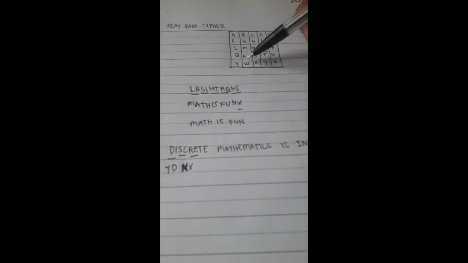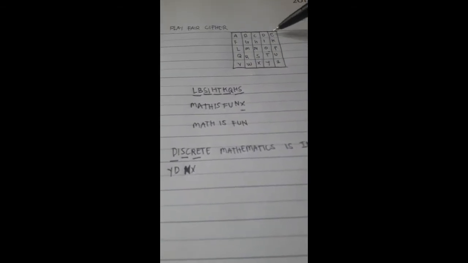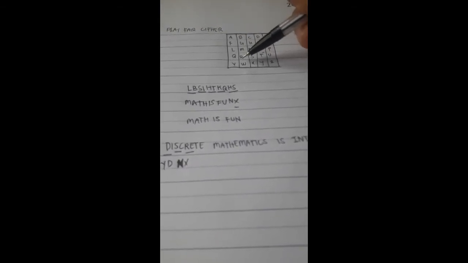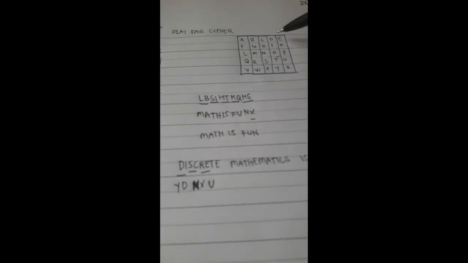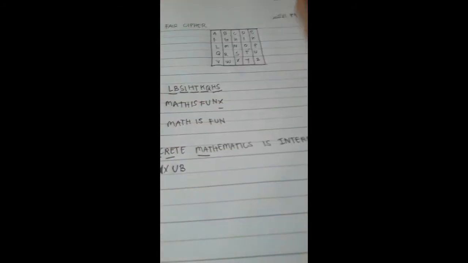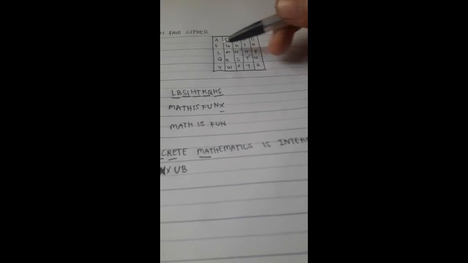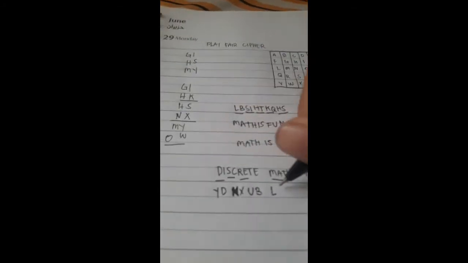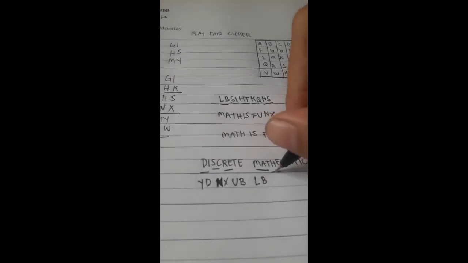So the next one to encrypt is RE. RE is at corners, forming a square. The first is R, and the opposite of R is U. E becomes B. The next is MA. MA is four sides again. The opposite of M is L, and A becomes B. Next is TH.